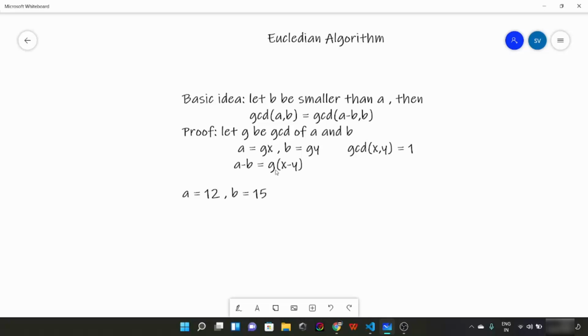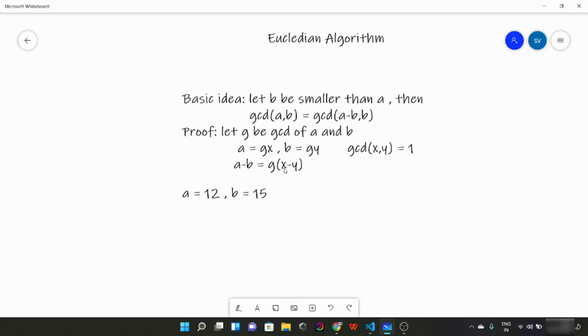And if I tell you what would be the GCD of A and A minus B, since x and y don't have any GCD, the GCD is 1, so they won't have any common divisor. So the only term left is G, right? So G would be the greatest common divisor of A and A minus B, and similarly GCD of B and A minus B is also going to be G, right?